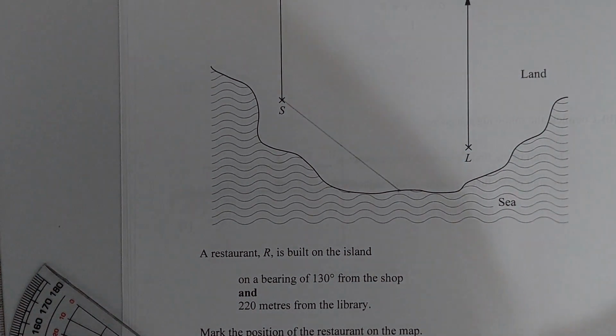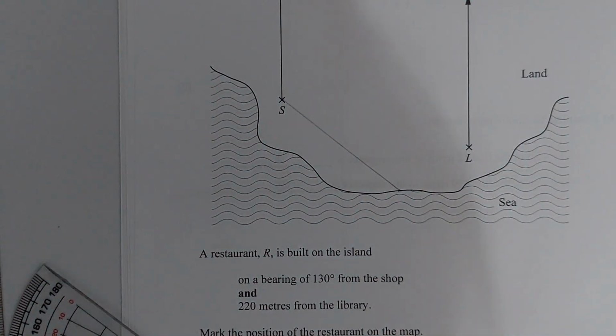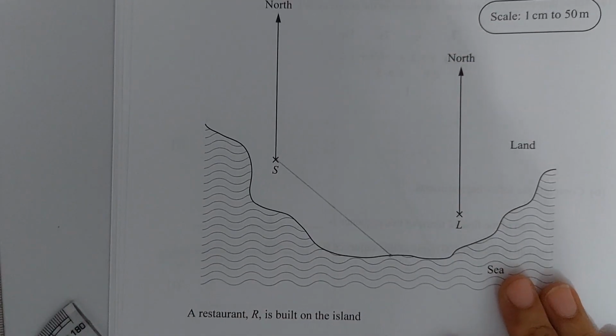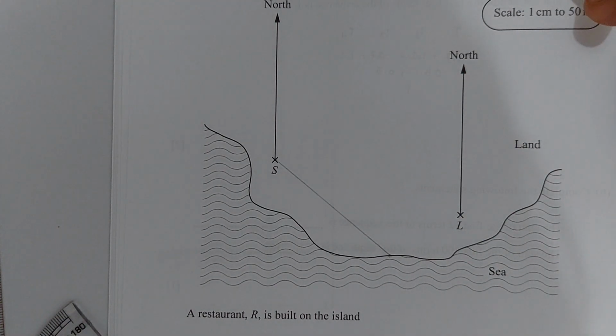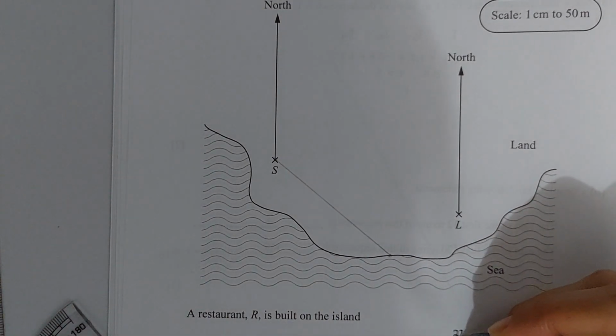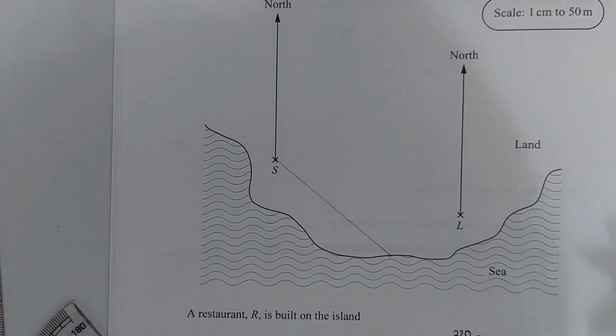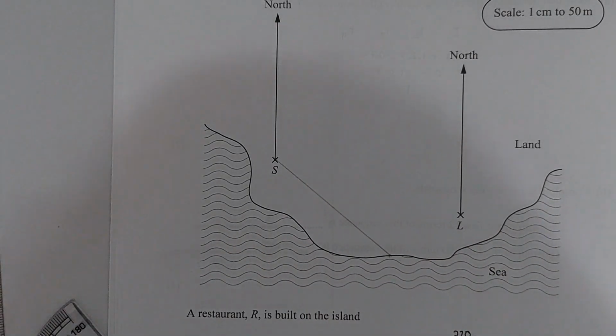Okay, meters. And then I want to draw it on the map. It means I need to convert it based on this rate, guys. Scale 1 centimeter for every 50 meters. So it means 220 meters, you divide it by 50 meters. That will be equal to 22 divided by 5.